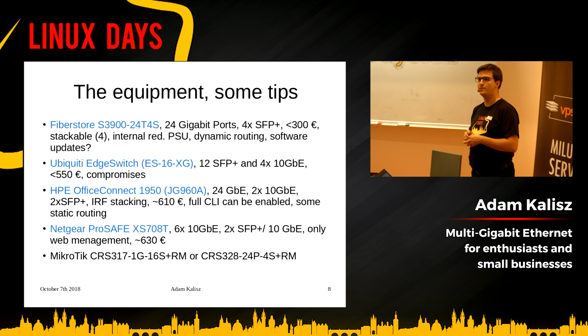full CLI management. But the full CLI management can be turned on if you know a special login. And then you discover it is a full Comware 7 switch, and those normally come with better chips, but the CLI is the same.